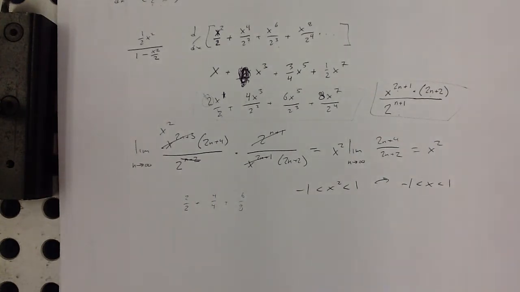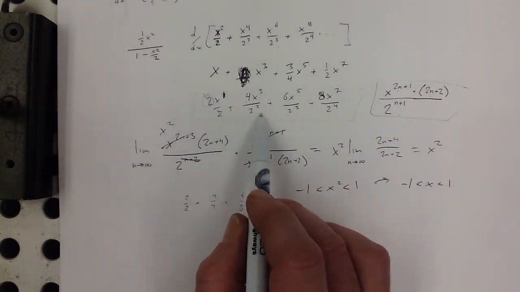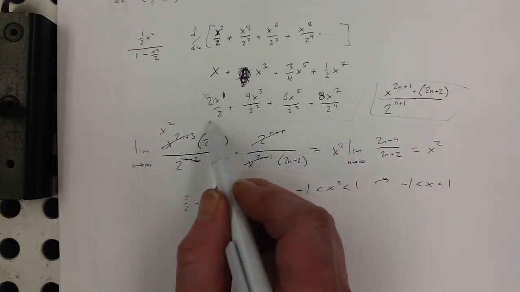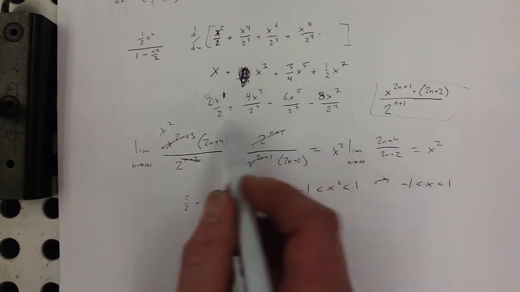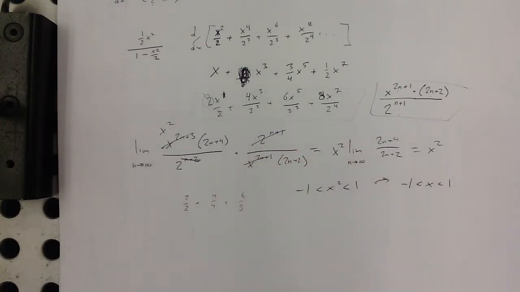Is that going to converge? Let's see. The bottom numbers are a p-series, right? No, they're not. Sorry. The bottom is a geometric series. That's what I meant to say. Bottom we're multiplying by 2. That's geometric. And on the top, those are getting bigger.